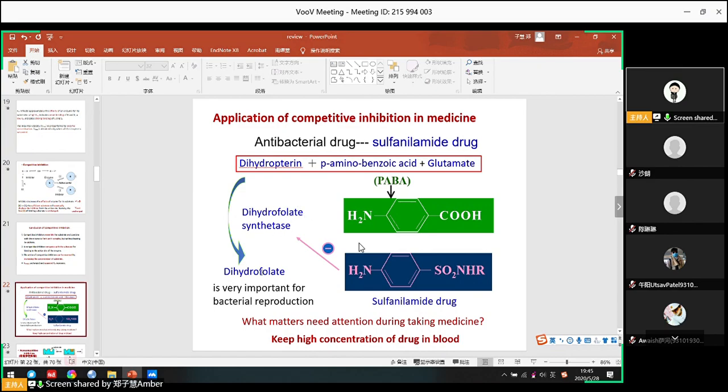This enzyme is very important for bacterial reproduction. So sulfonamide drugs competitively inhibit the enzyme activity, and can thus prevent bacterial reproduction. It has a structure similar to PABA.